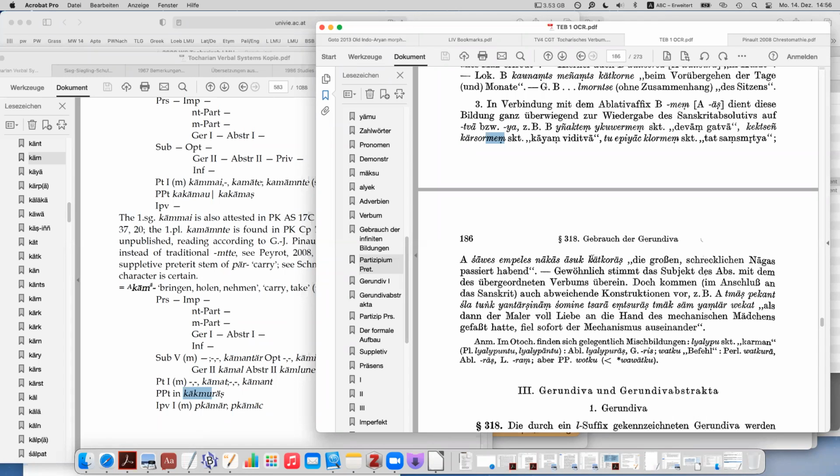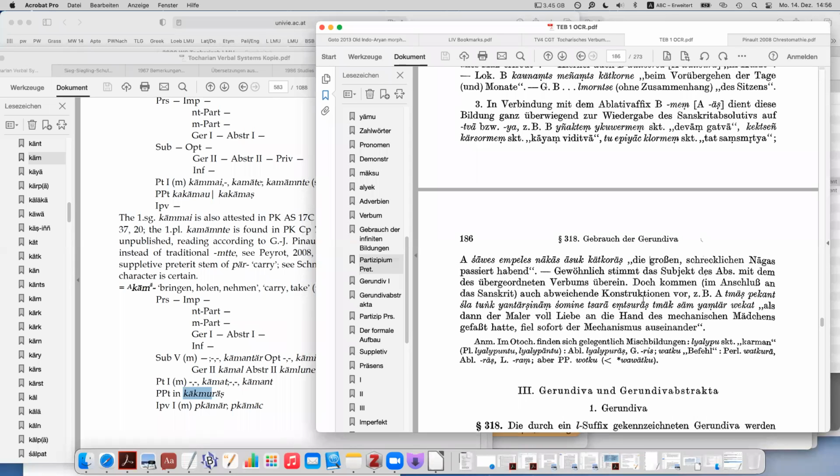So this is the meaning. So the root is kutk, and then the participle called kutko, and then you put a after the participle to get a verbal substantive, and then you put an ablative suffix to get an absolutive. So this is how we build an absolutive in Tocharian.